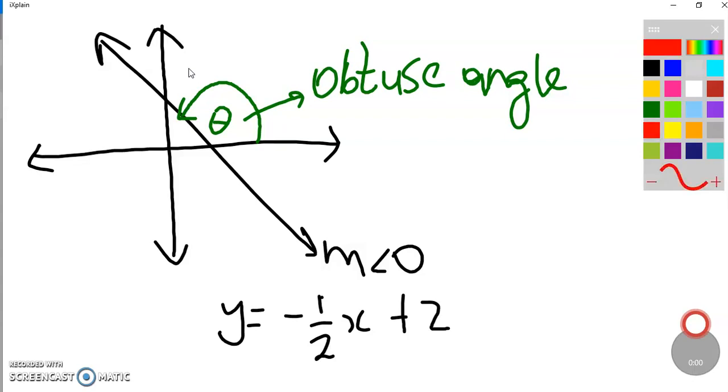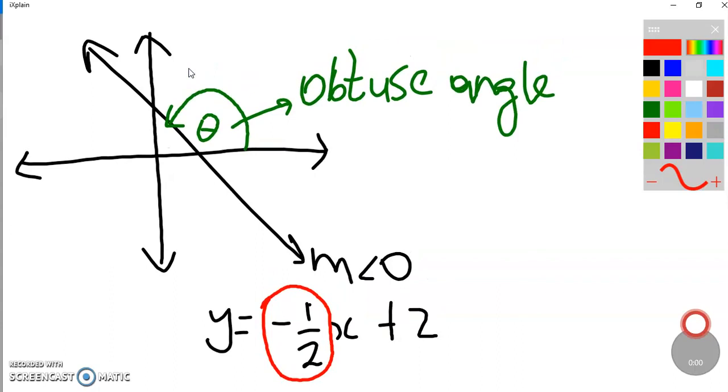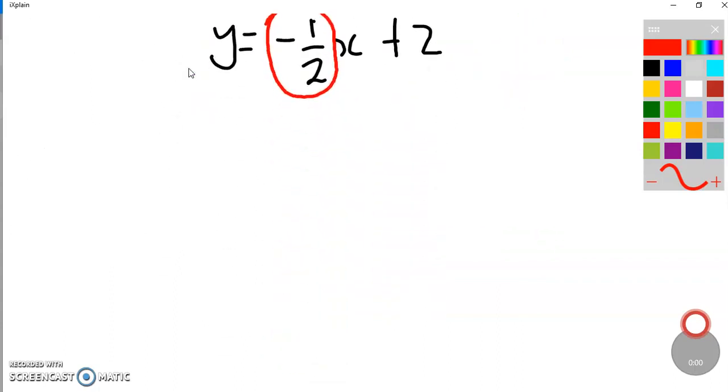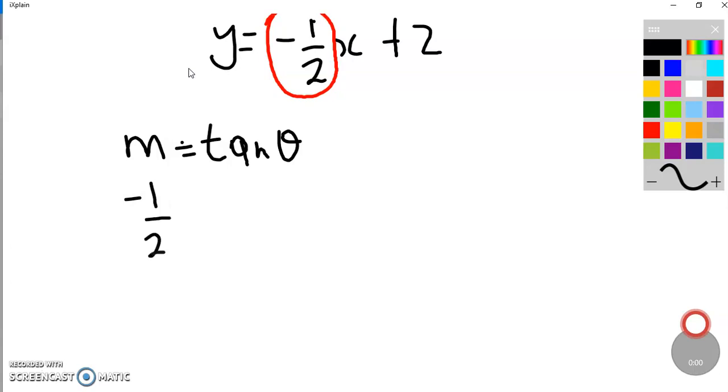Since the equation is in the form y equals mx plus c, the value of m is negative half. So we need to determine the size of theta. Again, I'm going to use the equation m equals tan of theta. The value of m is negative half, so negative half will be equal to tan of theta.